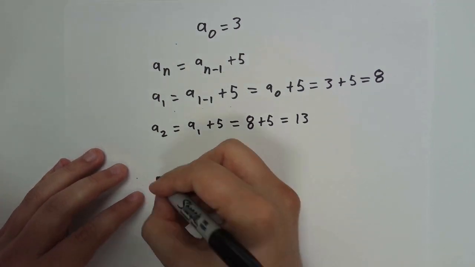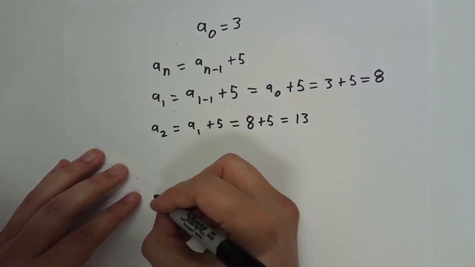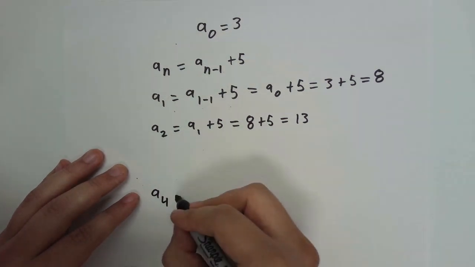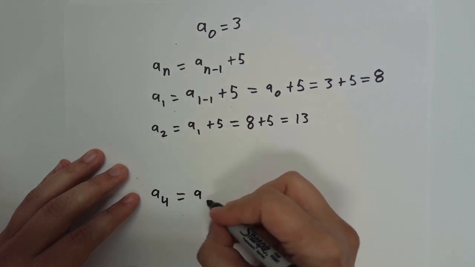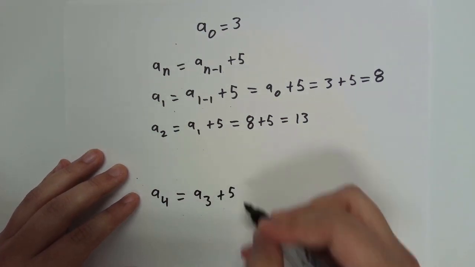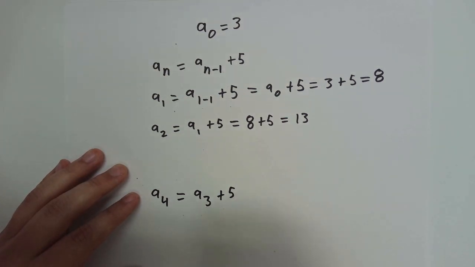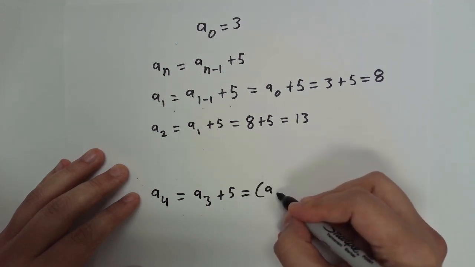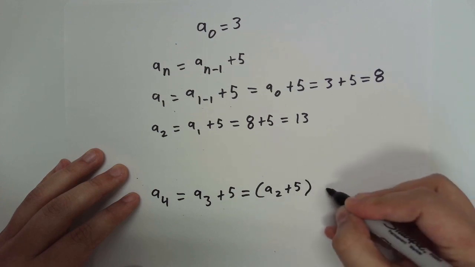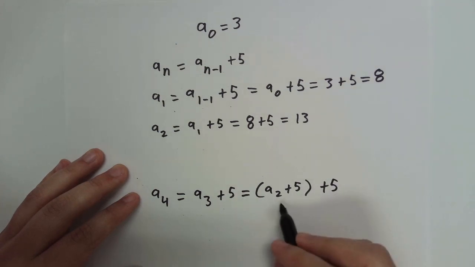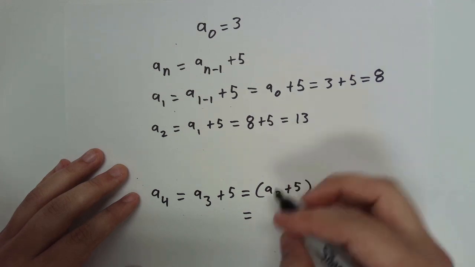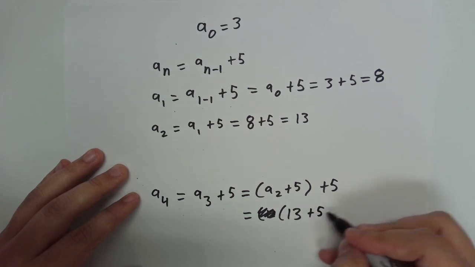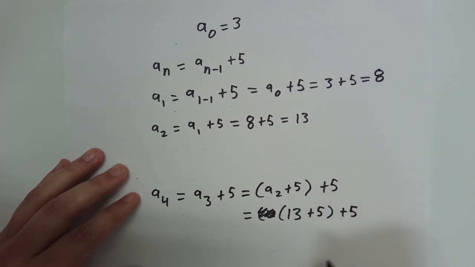Let's try a harder one. This one's a little bit more difficult. Let's do a sub 4. What's difficult about a sub 4 is we need to know a sub 3, and we don't know what a sub 3 is. But we do know how to find a sub 3. A sub 3 is just a sub 2 plus 5. We know what a sub 2 is. A sub 2 was 13, plus 5.